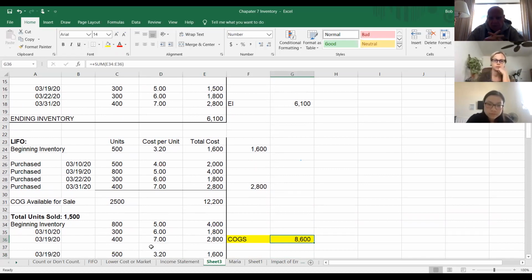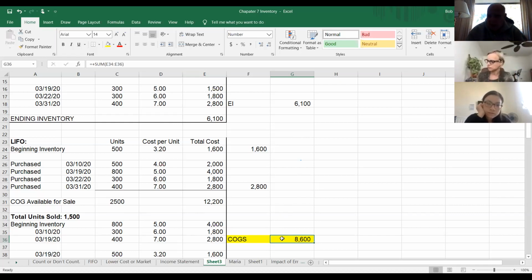FIFO will give you a lower cost of goods sold and thus a higher profit. I'll say that again. FIFO gives a company a higher profit because the cost of goods sold is lower. Under LIFO, the cost of goods sold will always be higher.